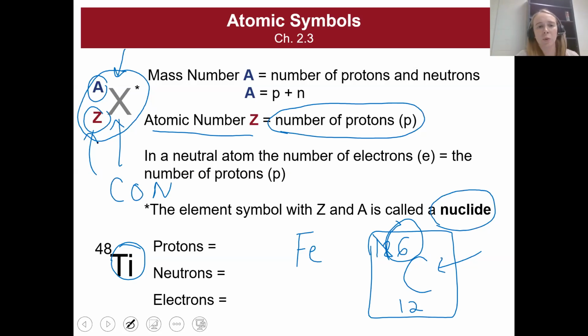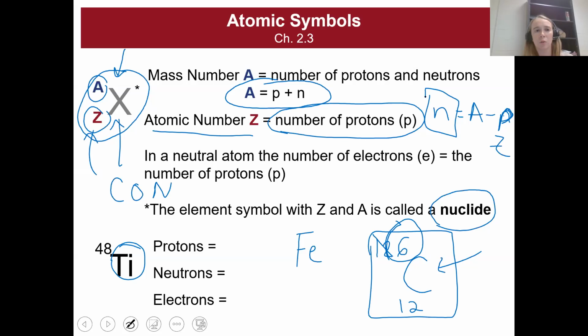All right, so mass number then is the sum of the protons and neutrons. So it's not the number of neutrons. You can't just pick it out that easy. It's the sum. So if you want to know the number of neutrons, you have to rearrange your equation to be A minus Z, or P. A minus the number of protons will give you the number of neutrons.